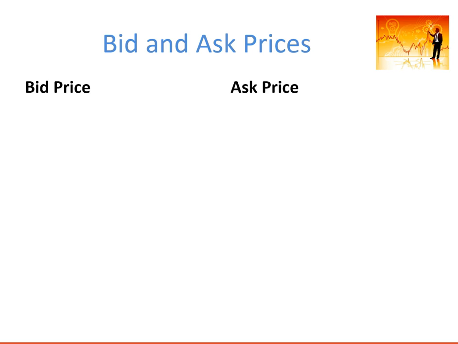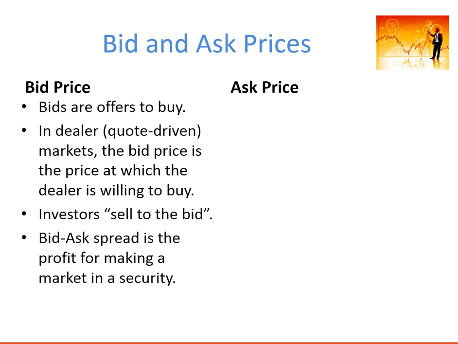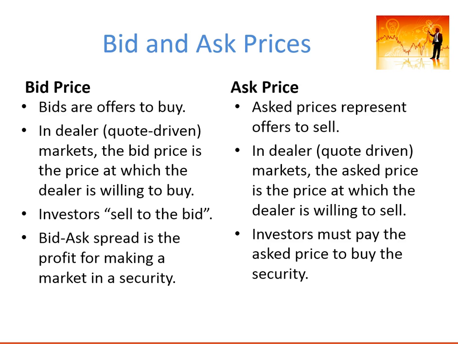The second aspect we looked at before is the bid-ask spread. Whenever an asset is quoted, as I mentioned before, there are two prices: the price that someone wants to buy for and the price that someone wants to sell for. The difference between these two prices, the difference between the bid and the ask price, is an implicit transaction cost.